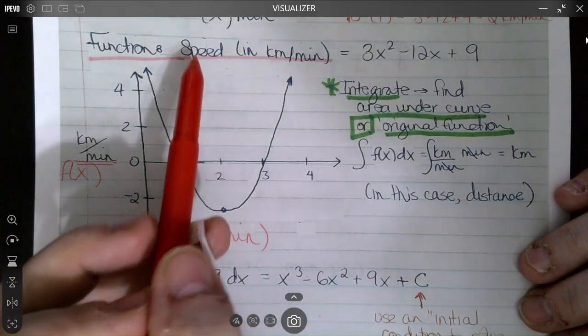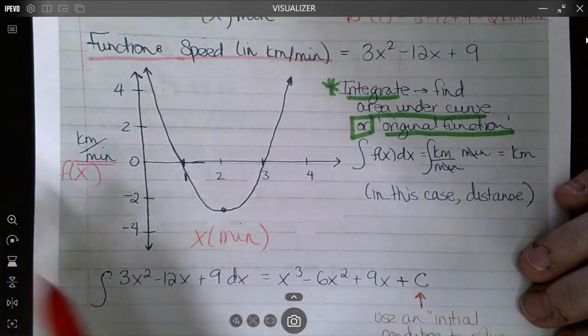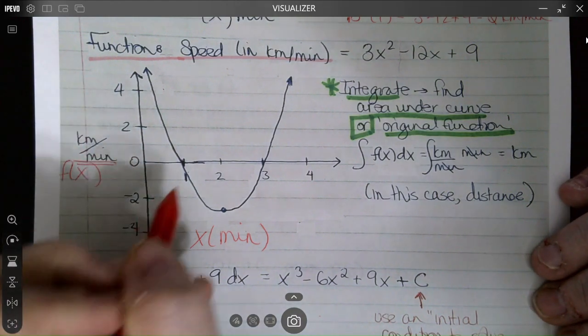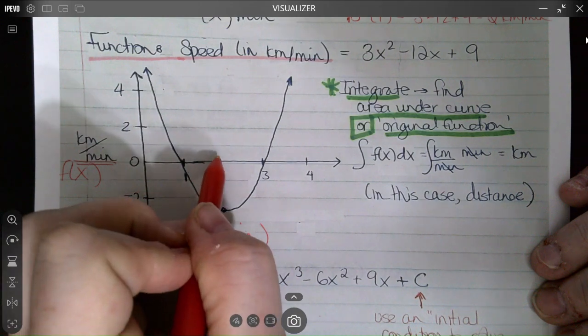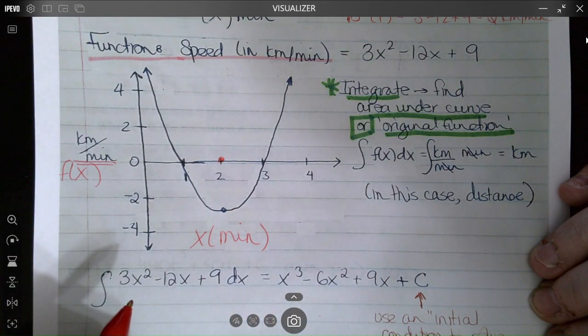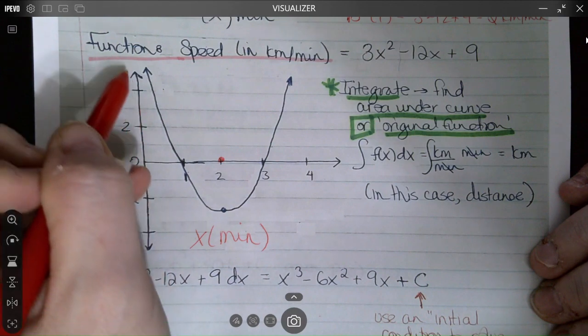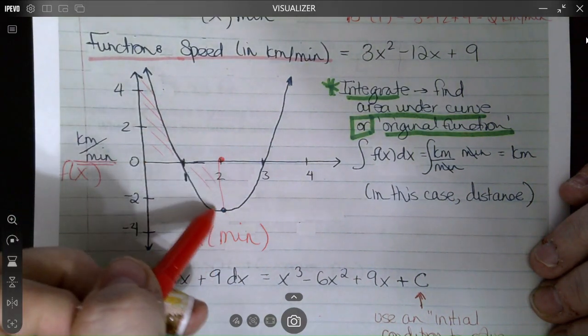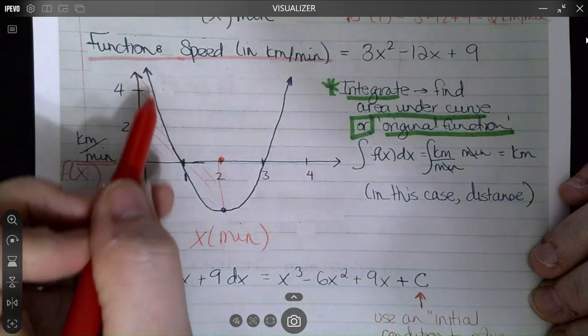So if someone comes to me and says, I would like to know how far you have traveled in 2 minutes, how far have you gone in 2 minutes? What they're asking me to figure out is the total distance I have managed to travel in that time.